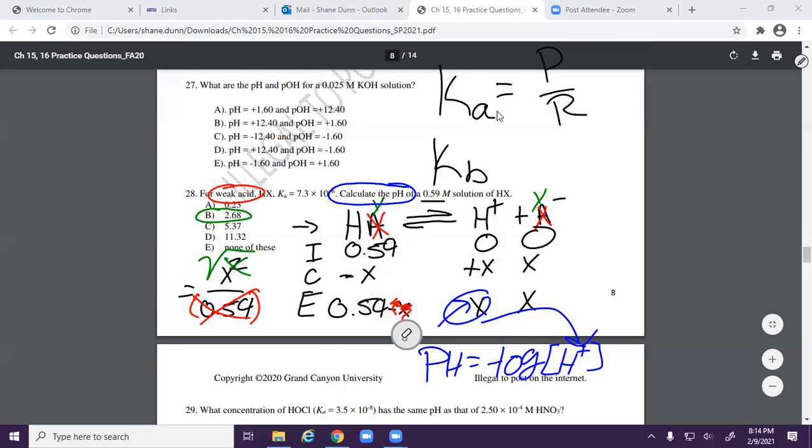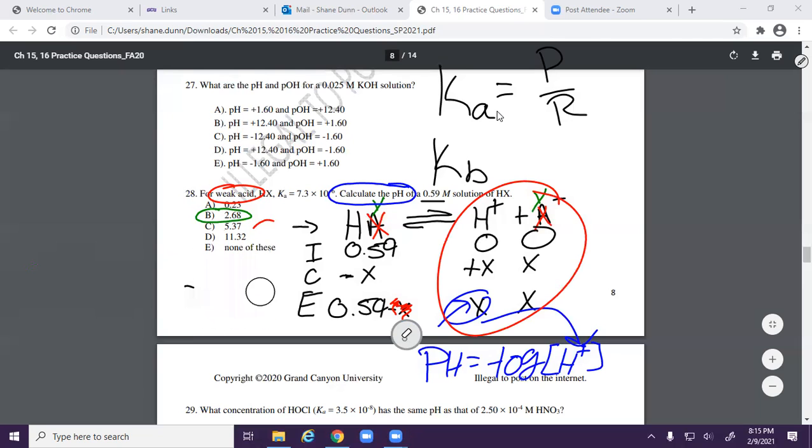So, it still makes sense, right? These guys right here are my products. They go here, theoretically speaking, right? So X times X is X squared. Write this up real quick.